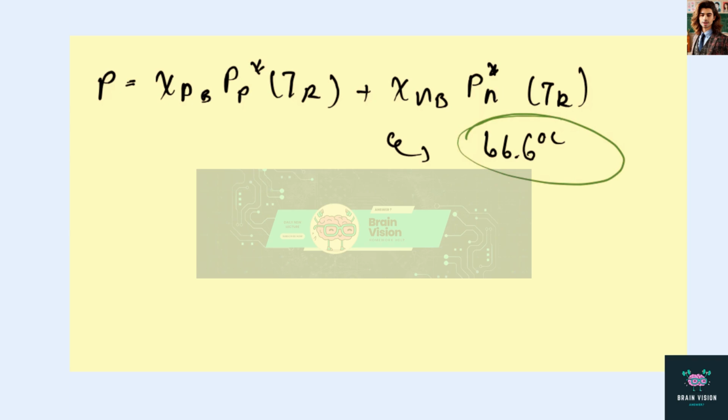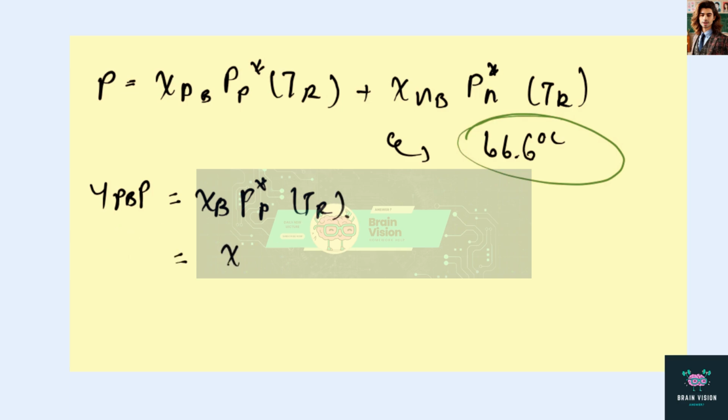So moving on to the next part, we're applying Raoult's law to pentane to solve for its mole fraction in the vapor boilup. So what we have is YPB P is equal to XPB PP TR.